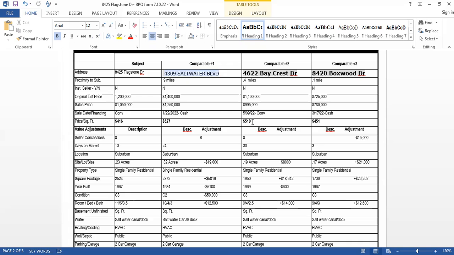Here's the next note. Homes that are 2,500 square foot up to 3,300 square feet, you're adjusting those homes at $50 a square foot. And then homes north of that, you can generally go almost up to $100 a square foot.